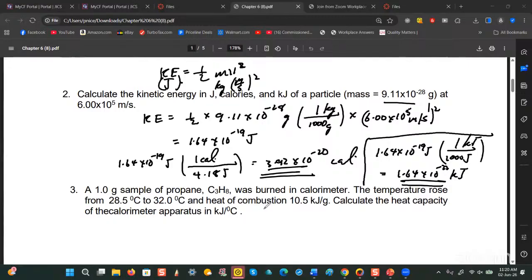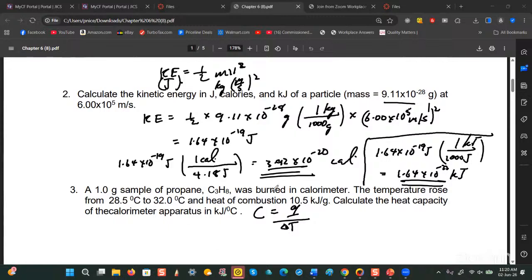Now, to remind you, the equation for the heat capacity is this: C is equal to Q over delta T. So in order for us to calculate the heat capacity, we need 2 things. We need the amount of heat change as far as the calorimeter is concerned, and we need also the temperature change, all right?